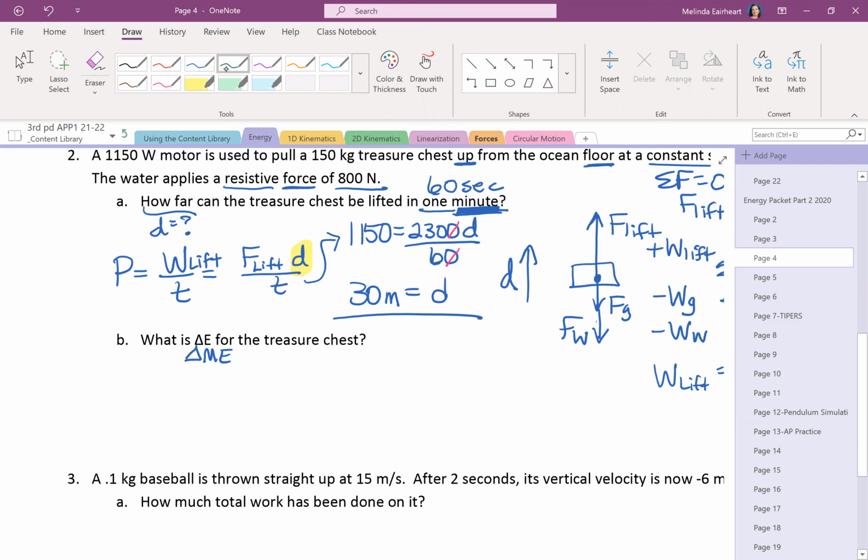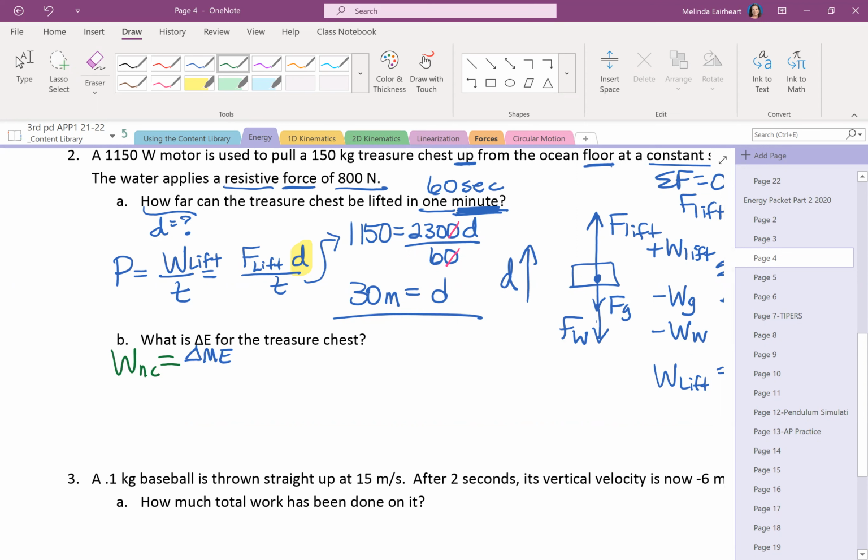B says, what is the change in mechanical energy for the treasure chest? Now, there's a couple ways to do this. I'm going to keep with the work energy theorem. And so what kind of work equals a change in mechanical energy? Non-conservative. Now, we have not yet addressed which of these forces is conservative or not. You don't have to make a table. Just let's go over to our diagram.